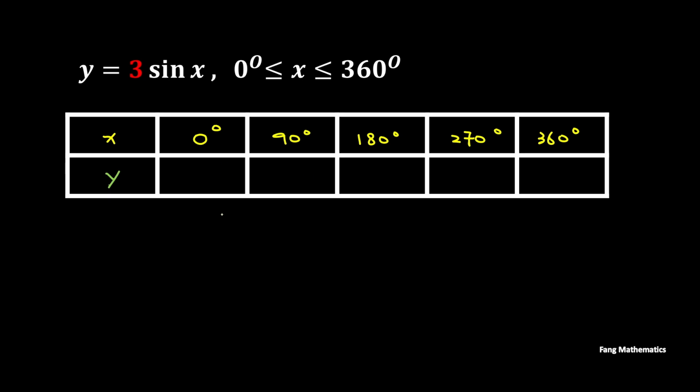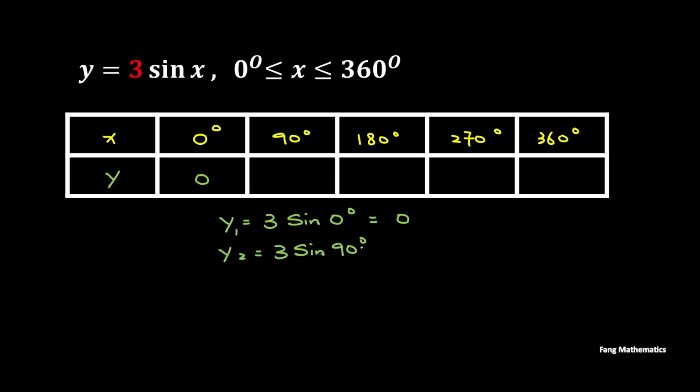First, you have y is equal to 3 sine 0 degrees, and I believe that should give you 0. We move on to 90 degrees, so in place of x, you put 90.